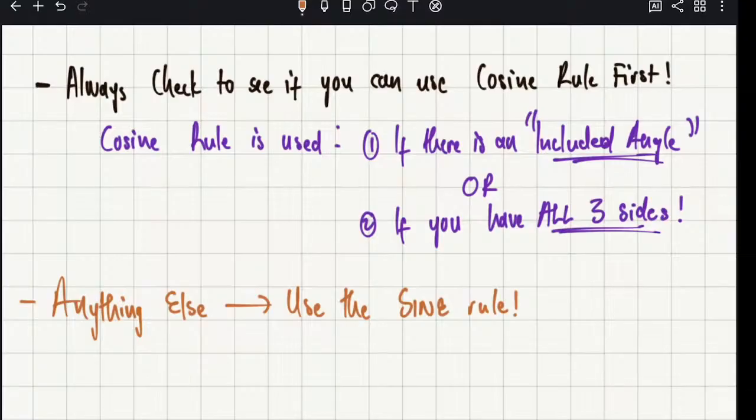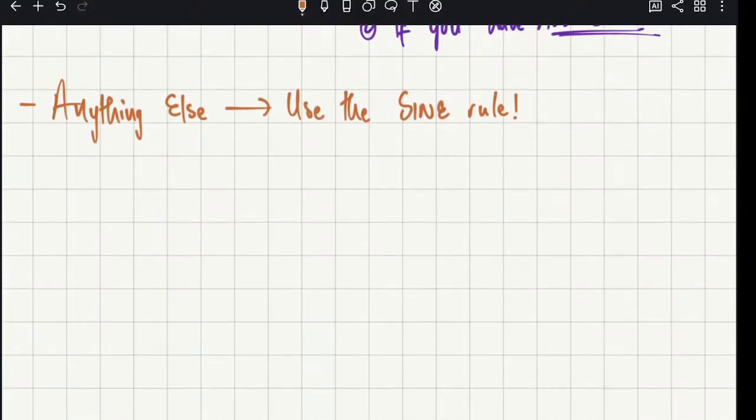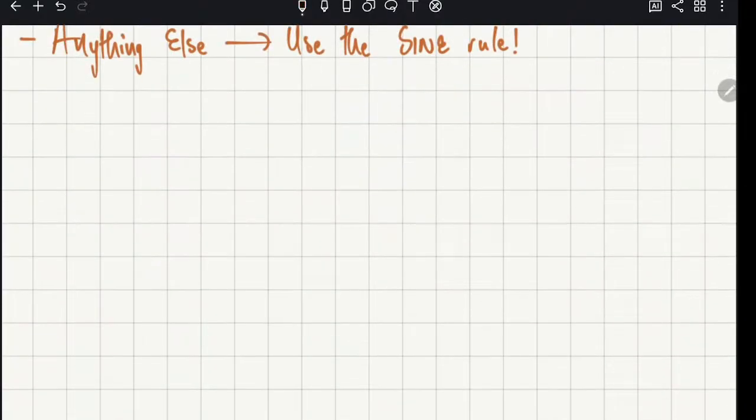Right. Let's do cases. For the sine rule, you actually don't have to know anything. Just see if the cosine rule can work or not. If the cosine rule can't work, automatically it's the sine rule. Let's do the cases. Number one, you get a triangle like this.